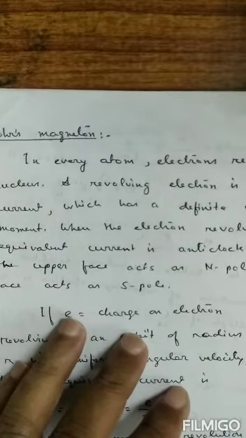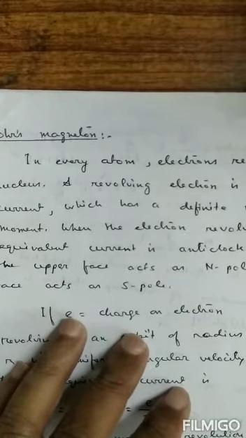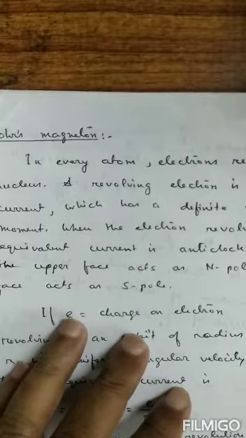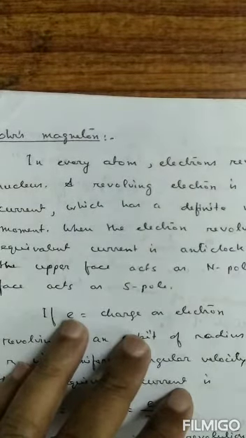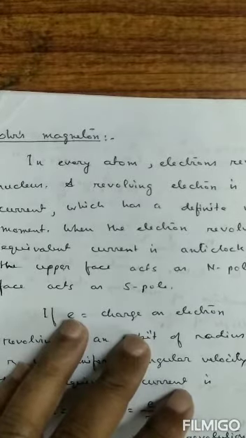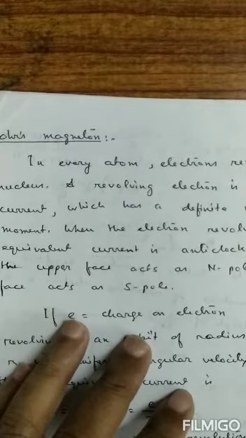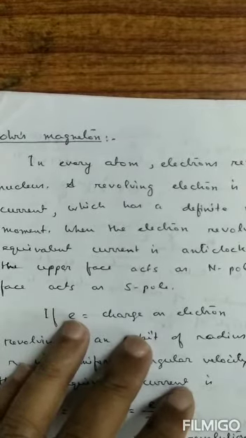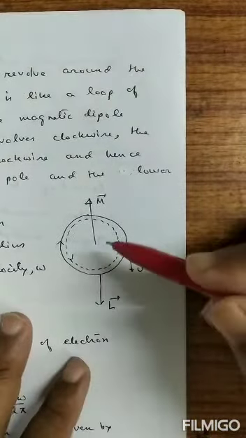Therefore, a revolving electron is like a circular loop of current, which has a definite magnetic dipole moment. When the electron revolves in clockwise direction, the equivalent current is anticlockwise, and hence the upper face of the atom acts as a magnetic dipole.